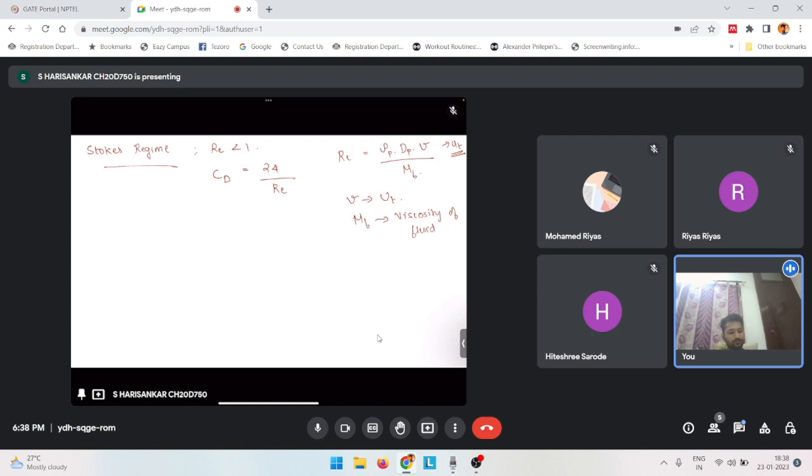So now substituting this, we get CD is equal to 24 into mu F by rho P dP into ut.